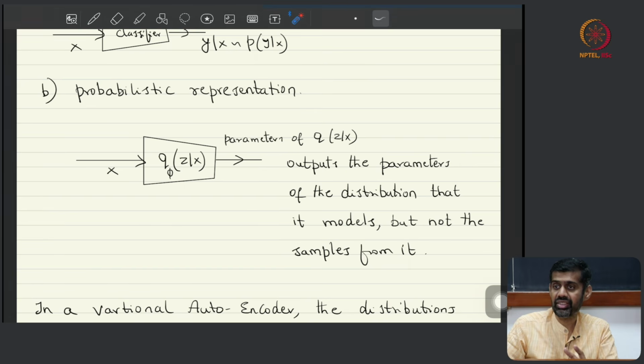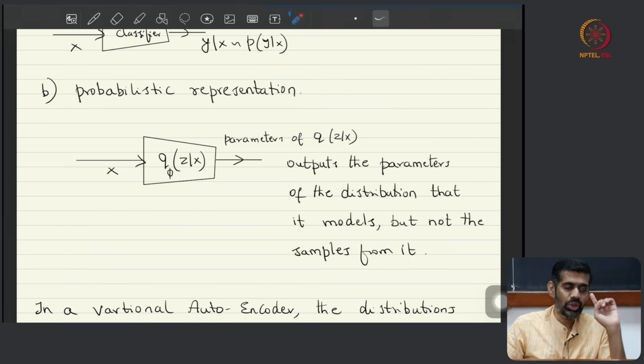Do you see the difference? So this is how one can represent distributions using neural networks, either by making that neural network output the samples of the distribution that it is representing, or by making that neural network output the parameters of the parametric distribution that it is representing.